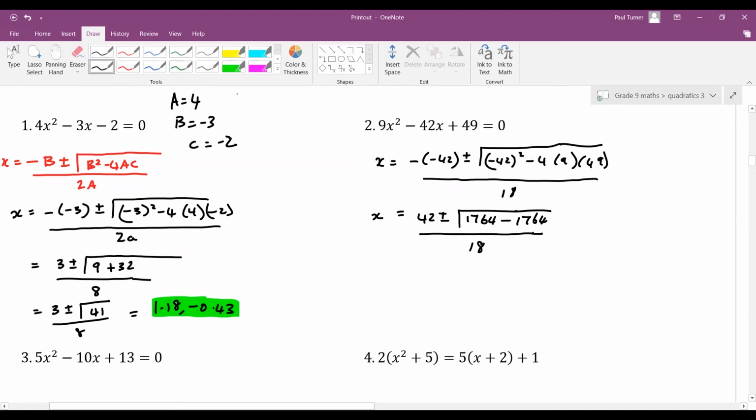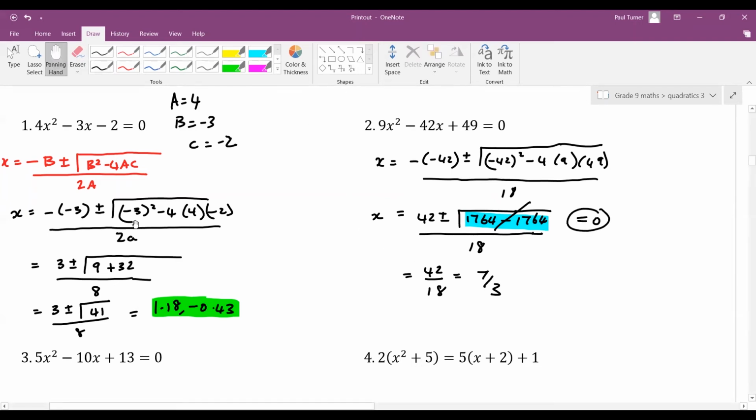So this bit here is actually going to be 0, isn't it? This root sign can be ignored now. So you're only going to get one solution, 42 on 18, and that would be 7 on 3, like that. So just be aware of what's going on here with the root sign, because that part will be equal to 0.